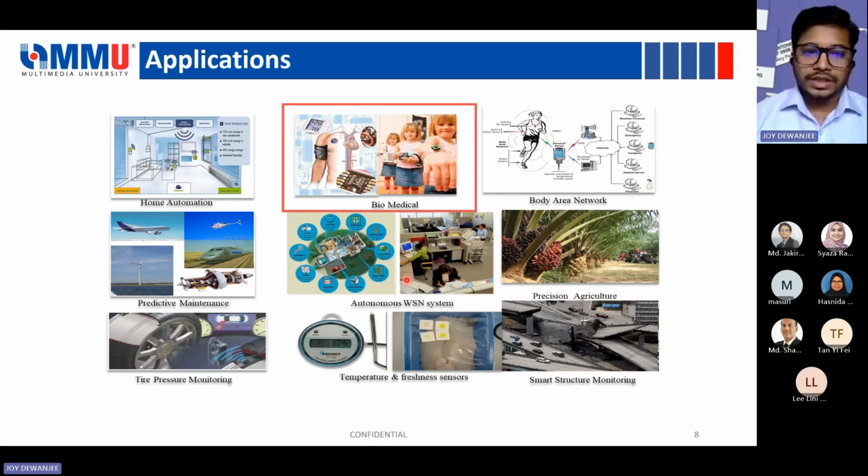There are many applications, such as home automation, body area networks, biomedical applications, predictive maintenance, autonomous WSN systems, precision agriculture, temperature and freshness sensors, smart structure monitoring, and tire pressure monitoring. In our case, we are considering a biomedical application, for example the modern pacemaker.